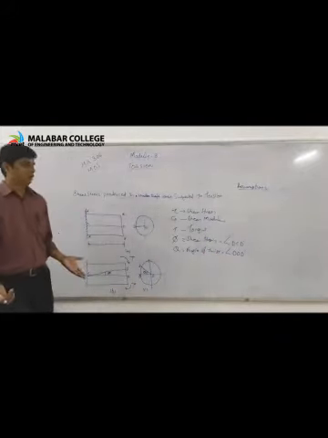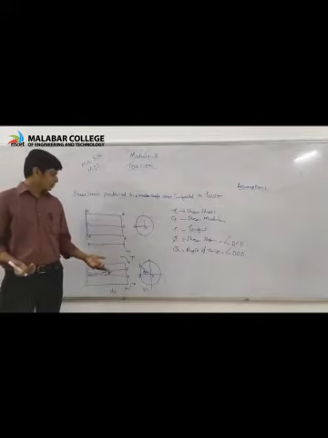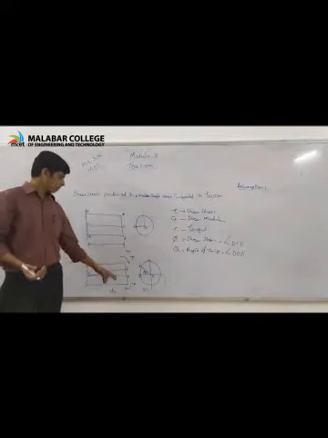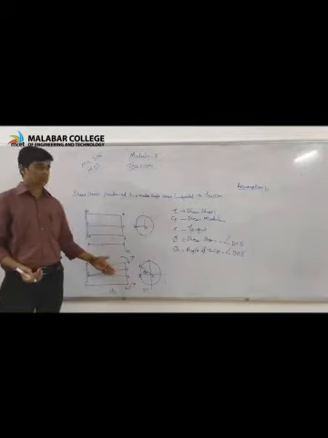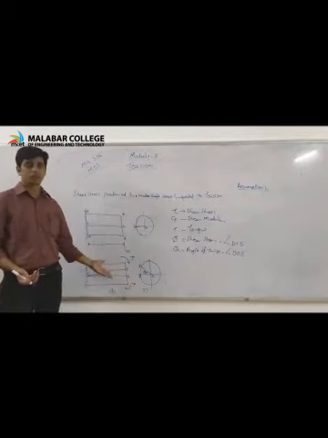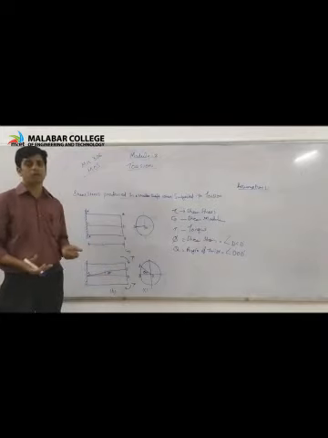Now the distortion of the point D to D dash is the distortion that comes on the surface of the shaft due to this twisting moment.